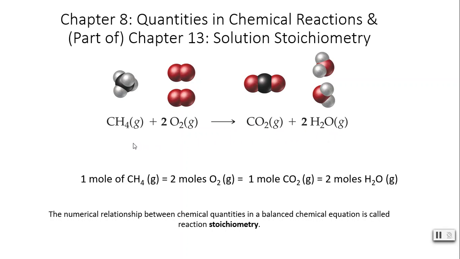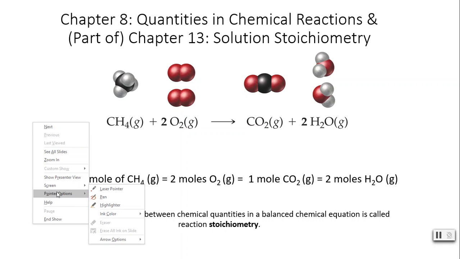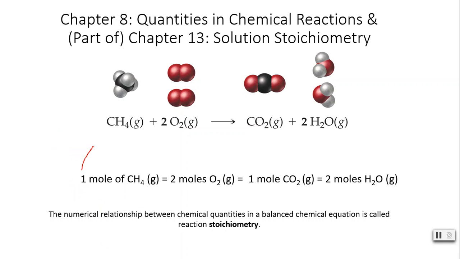From this balanced chemical equation, I can say for every 1 mole of CH4, and it's 1 because there's an implied 1 coefficient in front of that CH4, for every 1 mole of CH4, I react 2 moles of oxygen, and I produce 1 mole of carbon dioxide and 2 moles of water.